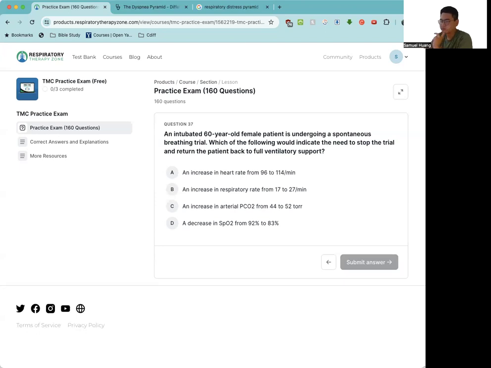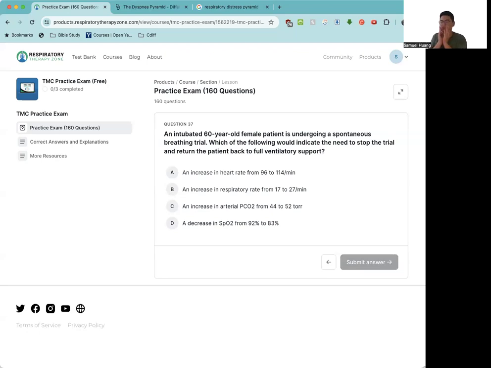37. Intubated patient, SBT. So what are criteria for stopping an SBT to avoid failed extubation? People have all these different criteria, but if you boil it down, the patient is in distress, so let's stop the SBT. Why are they in distress? An increase in respiratory rate, generally more than 10 to 12 above normal.